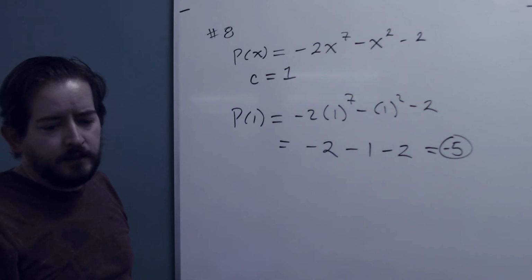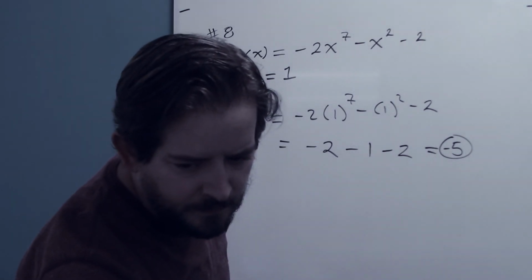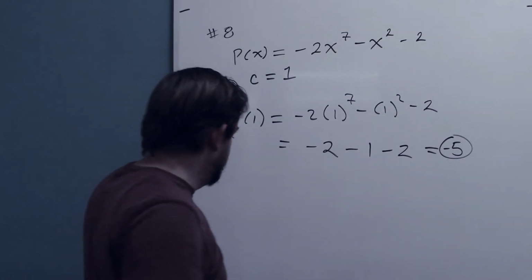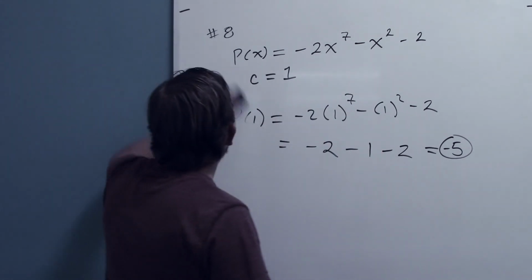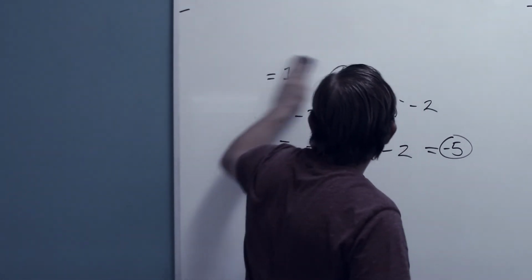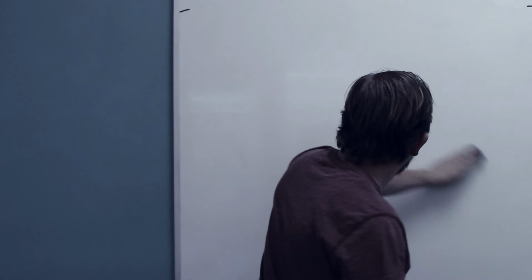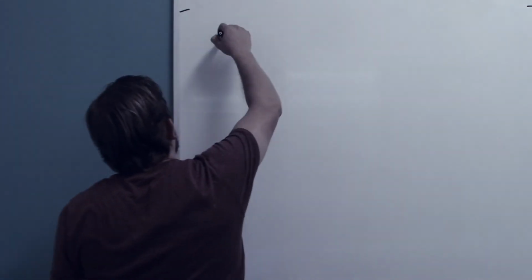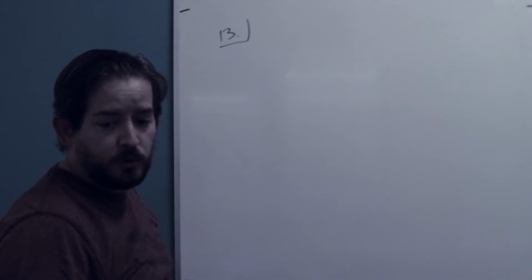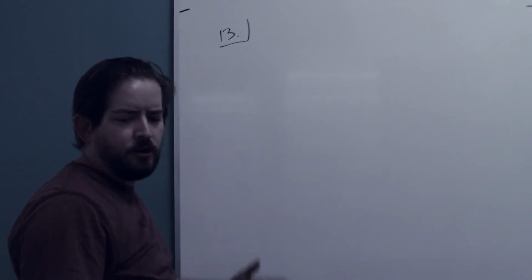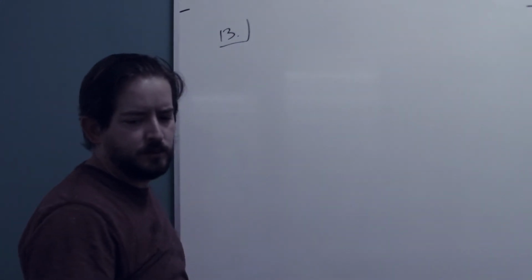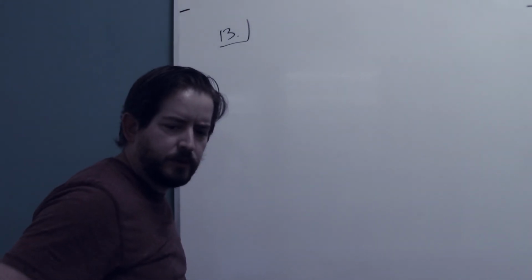And let's look at, finally, 13. 13 says, find the quotient and the remainder. So this is how I think questions 1 through 6 would much better be written.